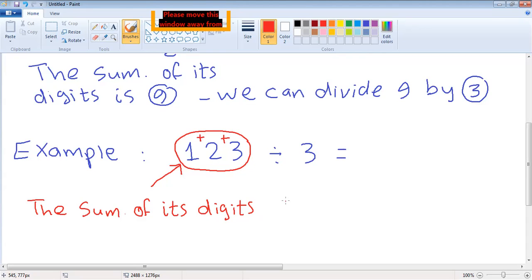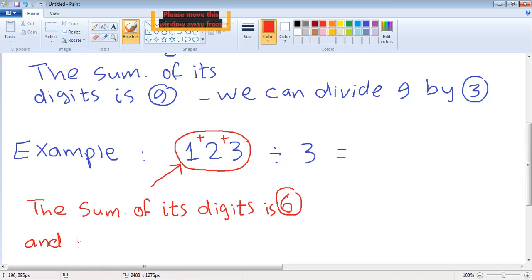6, right. So can we divide 6 by 3? Check from table 3. Yes, we can divide 6 by 3 because 3 times 2 is 6.